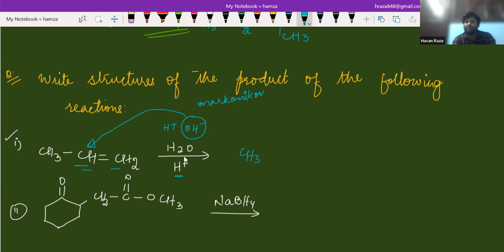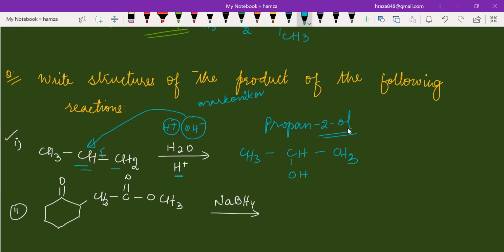So the product will be CH3CH. Just break the double bond and a single bond will be left. Across the double bond, negative will go to that carbon which has lesser number of hydrogen and positive will go to that carbon which has greater number of hydrogen. So the product is propan-2-ol. Is that clear? Yes, sir.